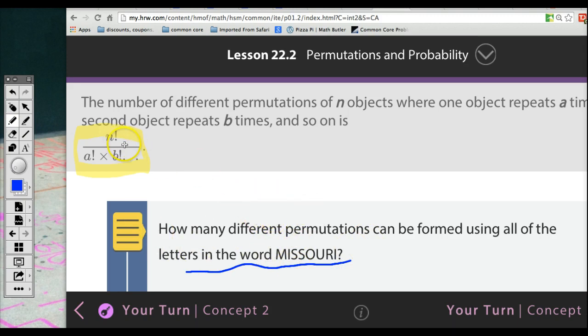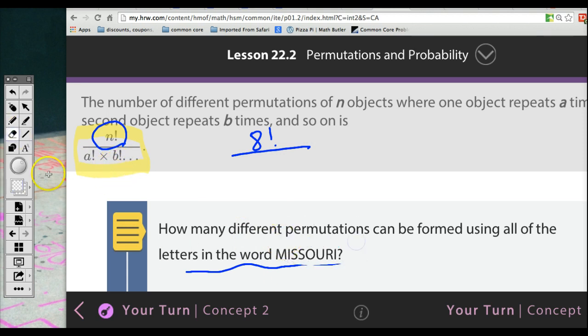So let's see. This is a permutation with repetitions, okay? So Missouri, it says how many different permutations can be formed using all of the letters in this word? 1, 2, 3, 4, 5, 6, 7, 8. There are 8 letters in there, so that would be N. So we'll put 8 factorial over there. And then A and B and C and D, those are basically the letters that are repeating.